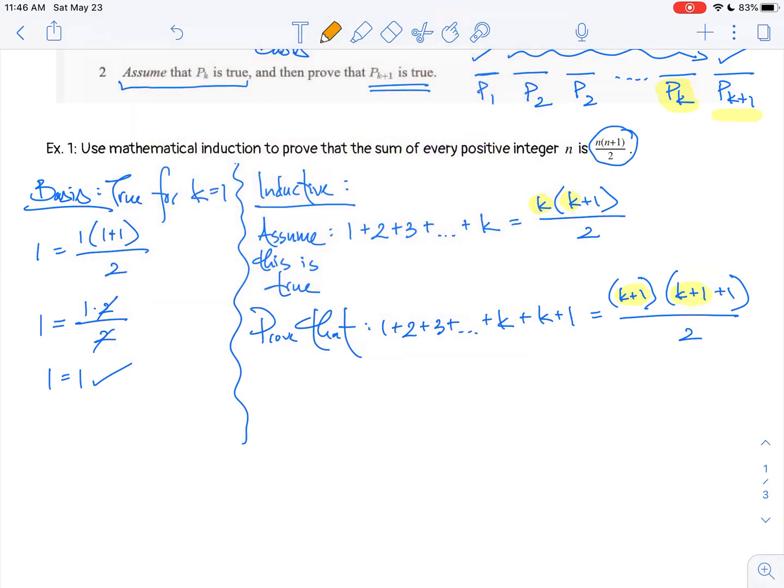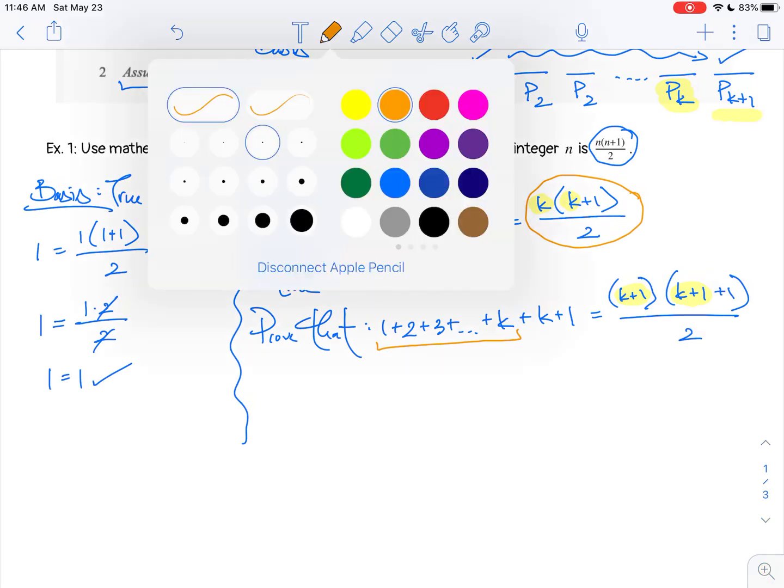So what we might notice is that 1 plus 2 plus 3 all the way to k, another way to write that is k times k plus 1 over 2. That means that 1 plus 2 plus 3 plus all the way to k, I can replace with k times k plus 1 over 2.